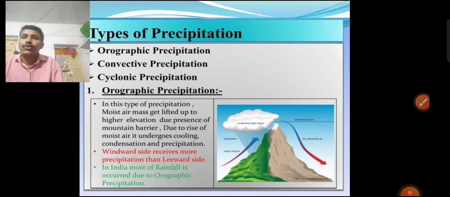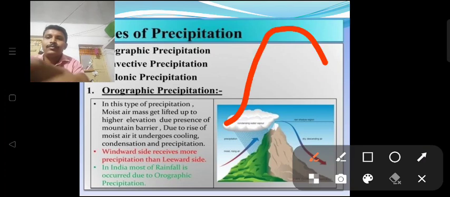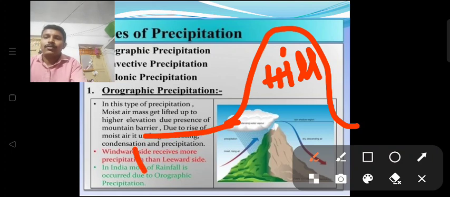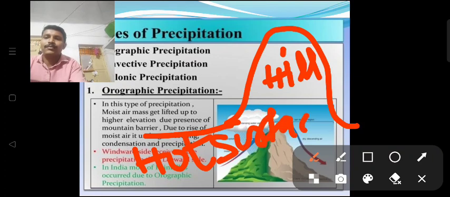The first one, orographic precipitation. Here, mountain barriers like a hill or mountain, and hot surfaces like water bodies or earth.